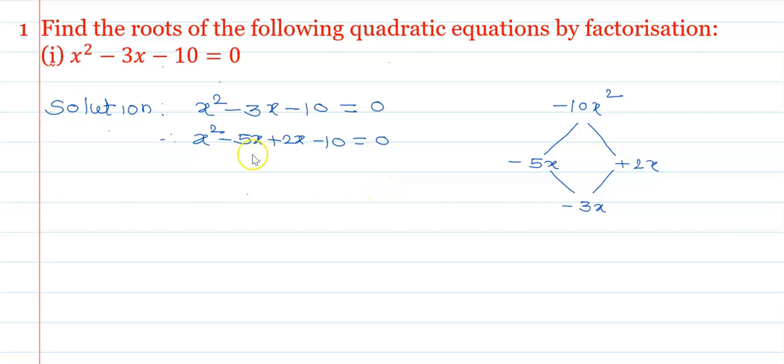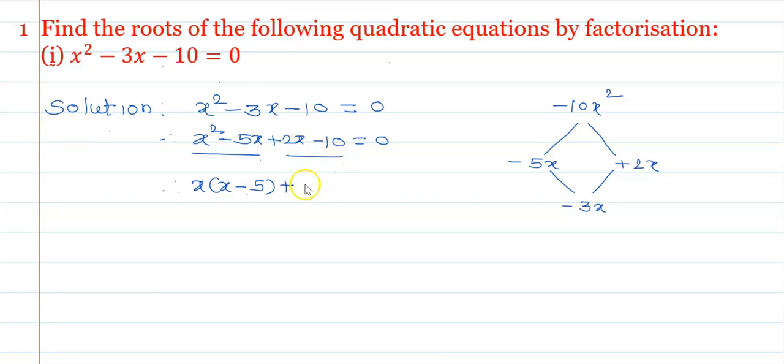Okay. Now we take the common factor from the first two terms and from the second two terms. Take x as a common, then in the bracket you will get x minus 5. In the second bracket, take 2 as a common, since 10 means 5 into 2.